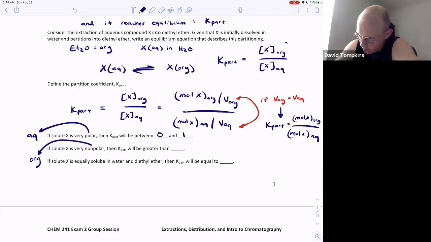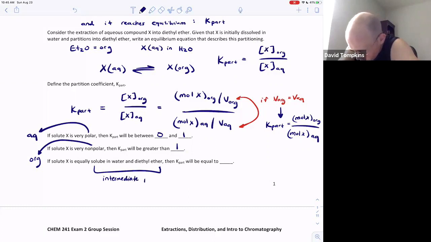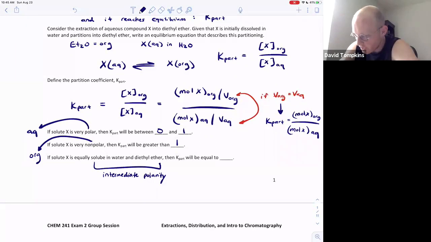The concentration of X in the organic phase would be large, so Kpart would be greater than 1. And if X has an intermediate polarity, where it enjoys both the very polar aqueous phase and the nonpolar ether or organic phase, then you would expect the concentration of X in the organic to be approximately equal to that in the aqueous layer, and Kpart would be 1.